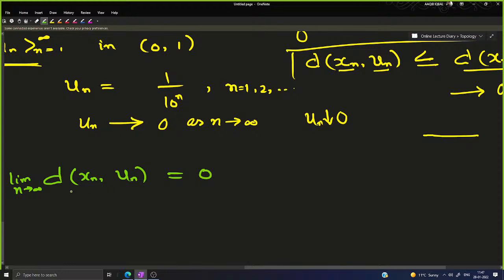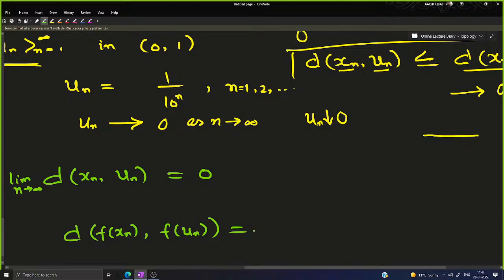So point xn or point un, for large values of n, they will be very close, because in the limit the distance between these 2 points is 0. ठीक? अब आप क्या करिए, आप इनकी जो images हैं उनकी distance देखिए. You compute the distance between f of xn and f of un.